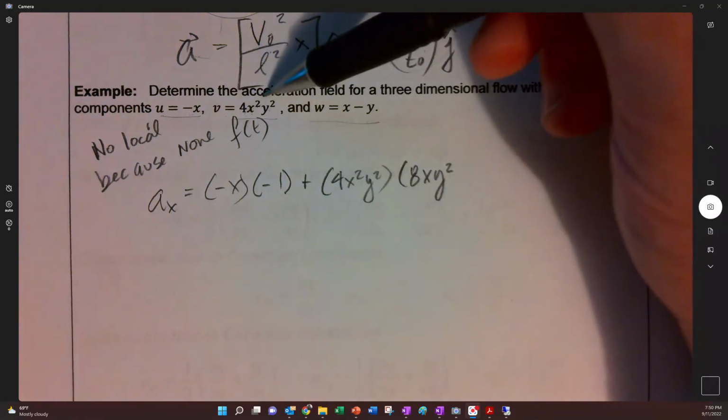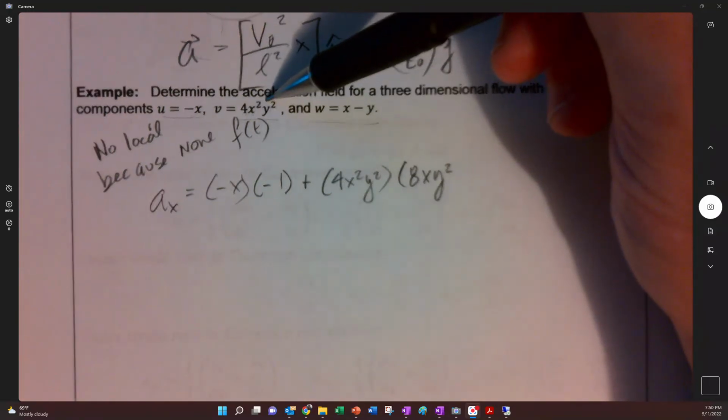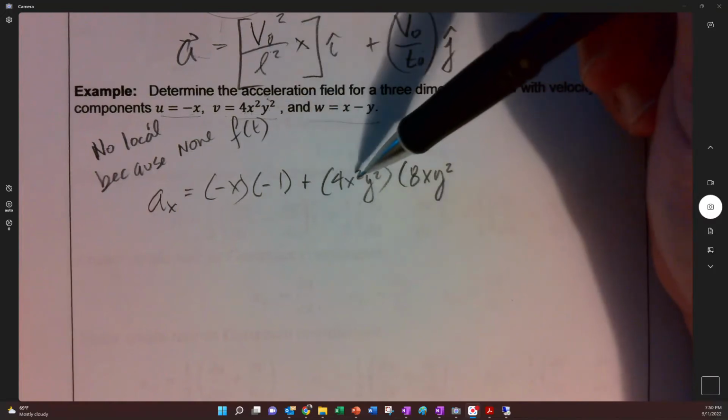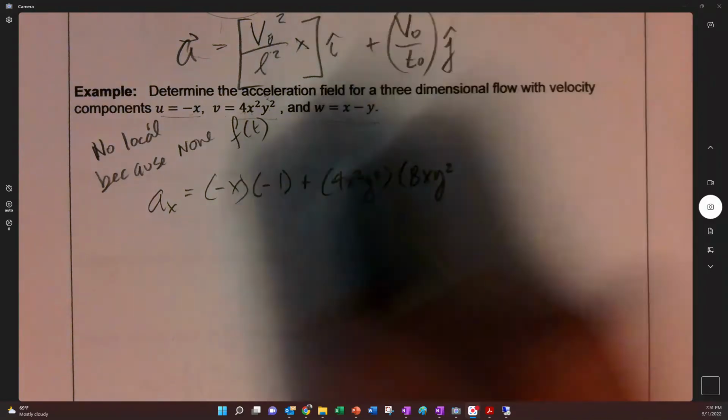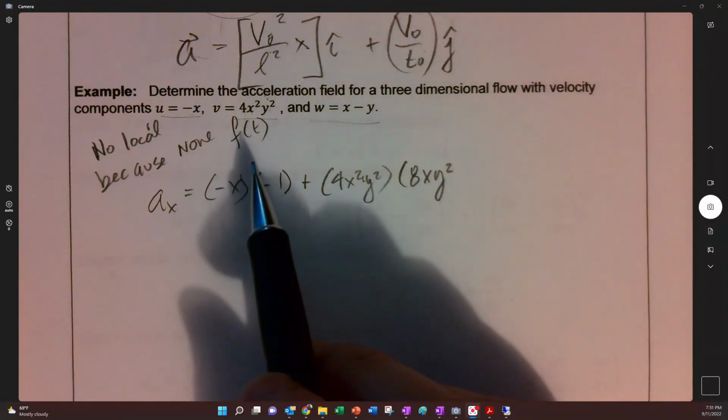We're going to take del v. Okay, so actually it's going to be v times del v del x. You know what? I think this is written the wrong way.